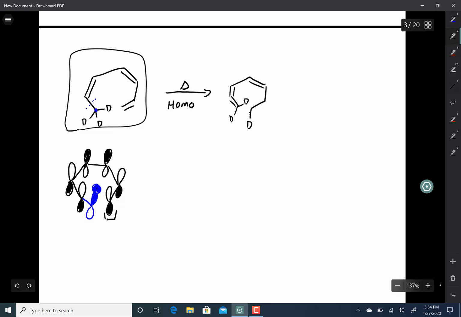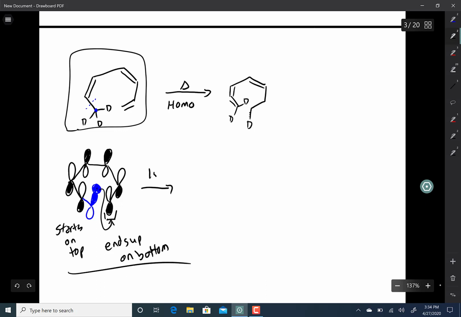So that's why it's antarafacial. It started out on one side, it ended up on the other.